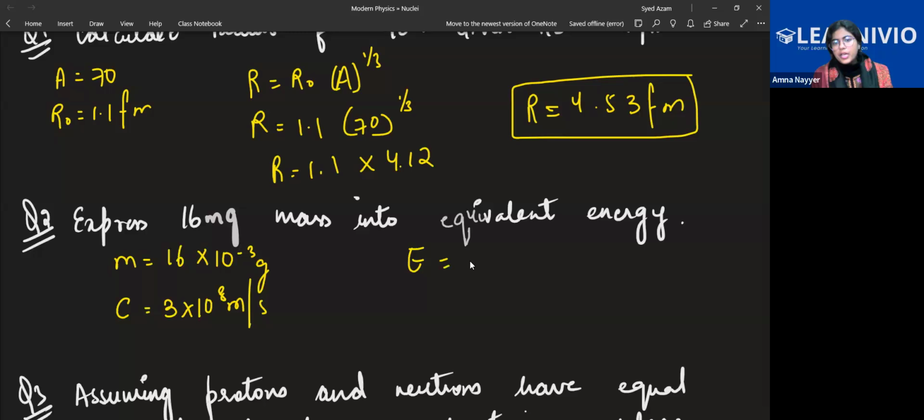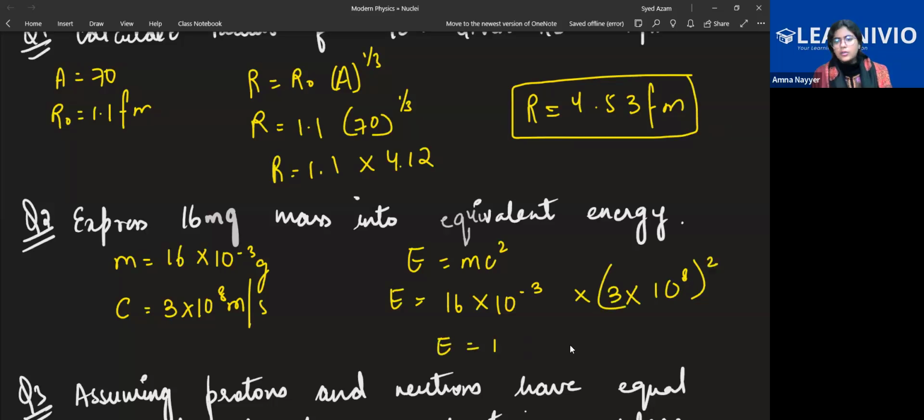So we are going to use E is equal to mc squared. Here the energy will be 16 into 10 to the power minus 3, 3 into 10 to the power 8 whole square. So the answer will be 144 into 10 to the power 20.